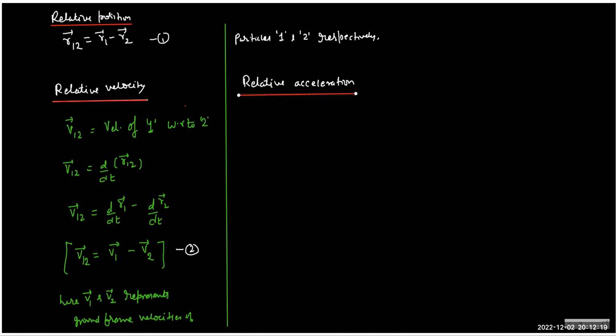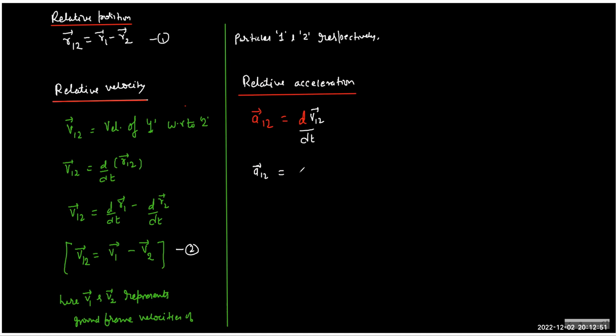So what is relative acceleration? At what rate is the relative velocity changing? The change of relative velocity with time is called relative acceleration. d by dt of V12, and therefore A12 becomes... and how do we write V12?